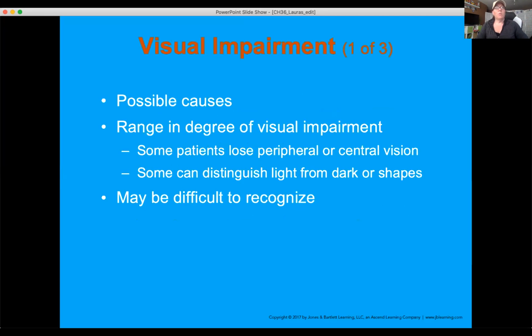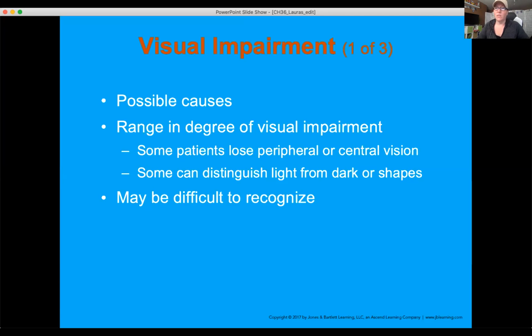All right, visual impairment, we talked about this again with the geriatric chapter and in a couple other chapters. Patients who have visual impairments, it can be any range of visual impairments. Some people just need glasses to correct their vision to the point that they can see. Some people are considered to be legally blind without their glasses, or even with glasses.